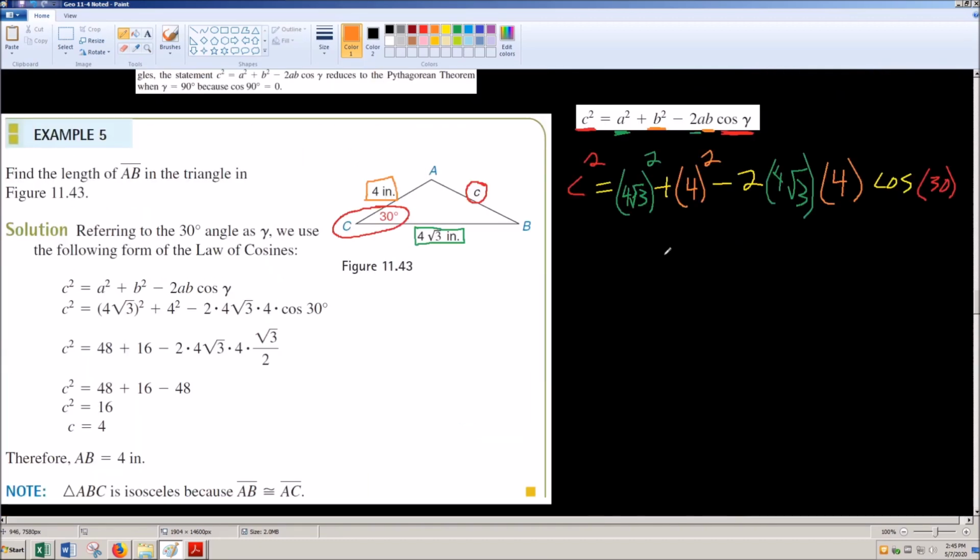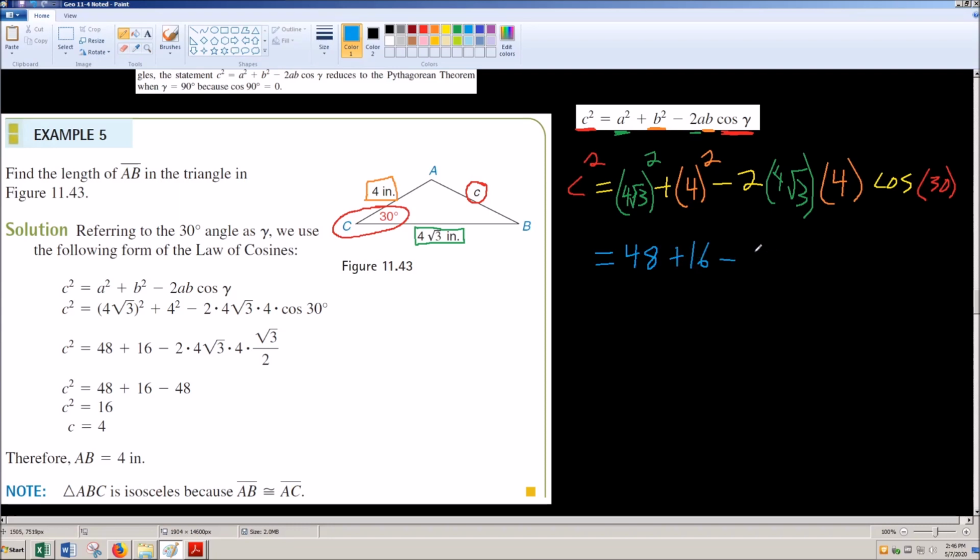Perfect. So looking at this one here, now I just want to basically do the math out. So let's do it all in blue. So when I have 4 root 3 squared, it's going to be 4 squared, which is 16, times 3, which is 48. Here I have 4 squared, which is 16.